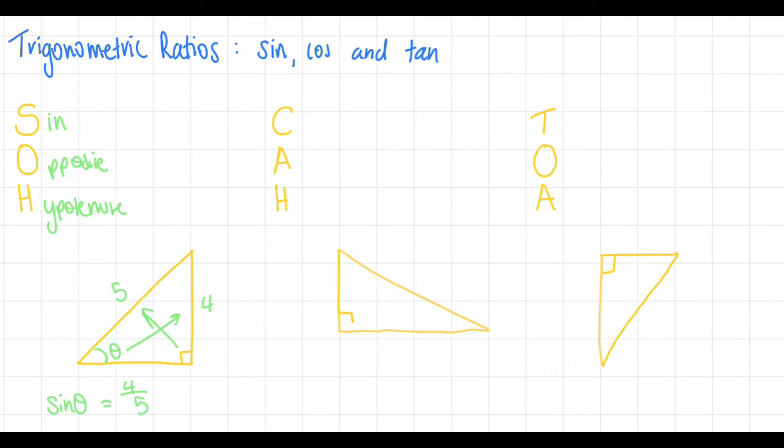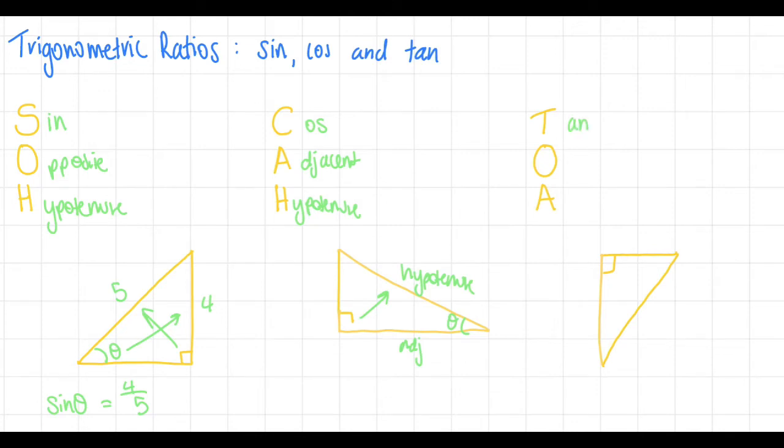CAH stands for cos, which is adjacent over the hypotenuse. So if we have this angle theta, the hypotenuse is opposite the right angle, and the adjacent is this side here because it's the side not opposite the unknown angle.